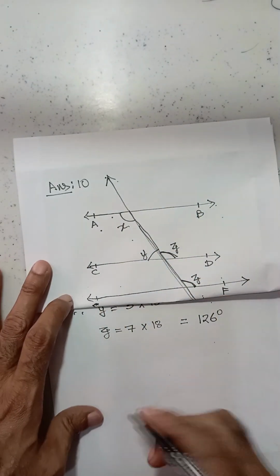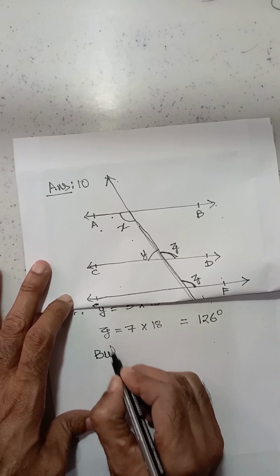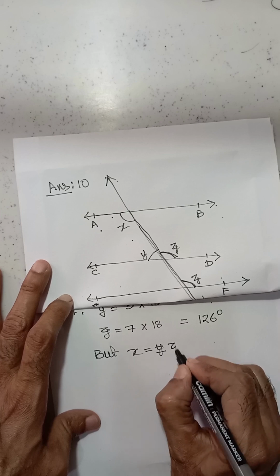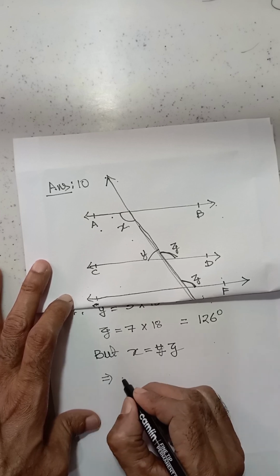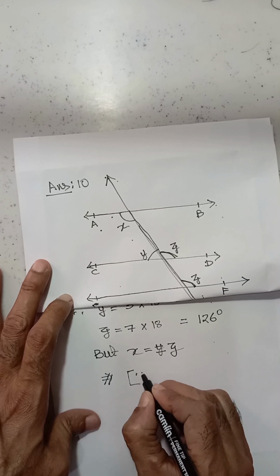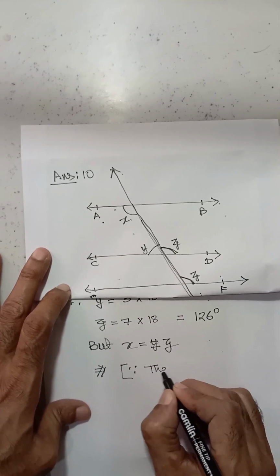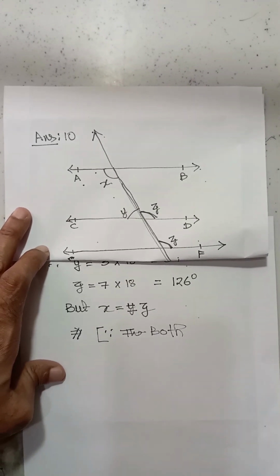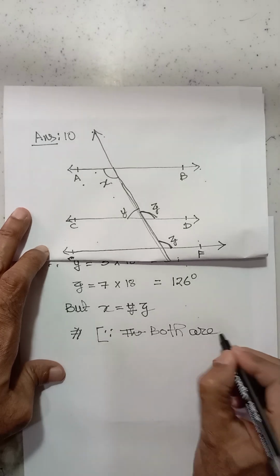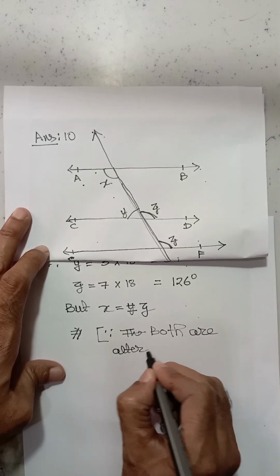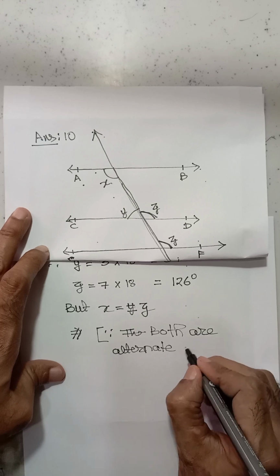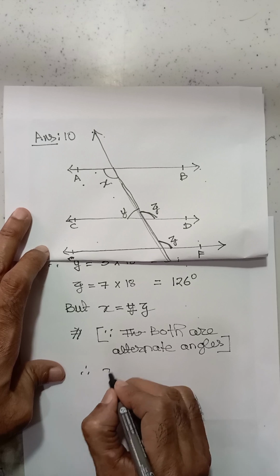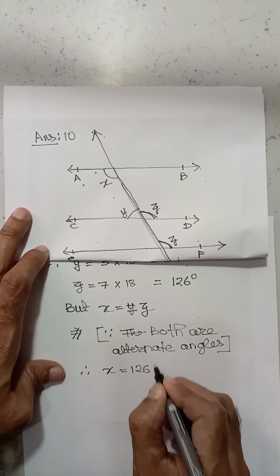So we will write X is equal to Z. This implies, and the reason is that both are alternate angles. Therefore, X is also equal to 126 degrees.